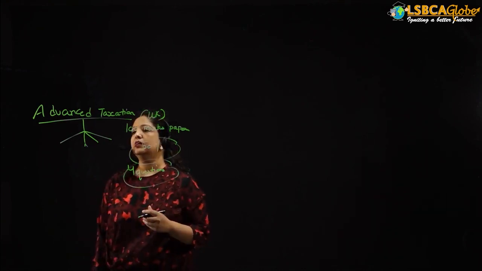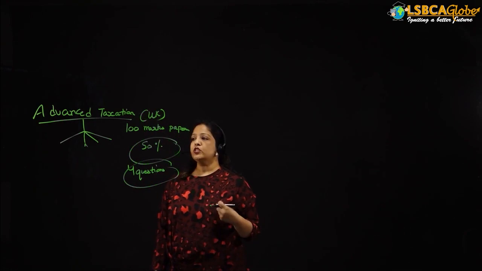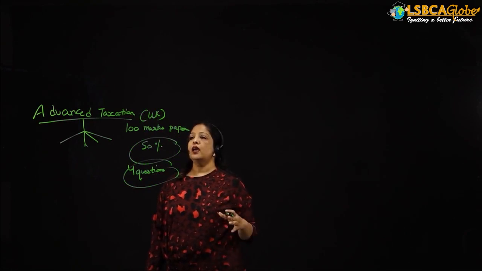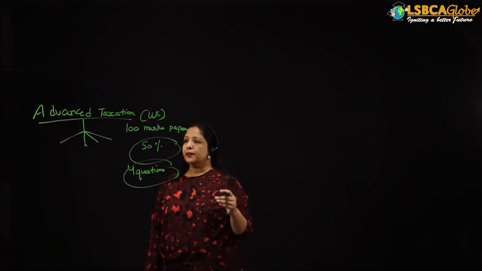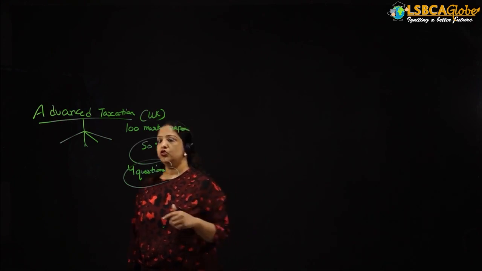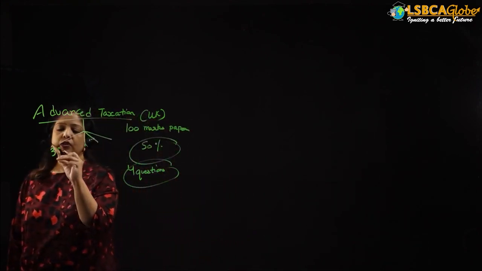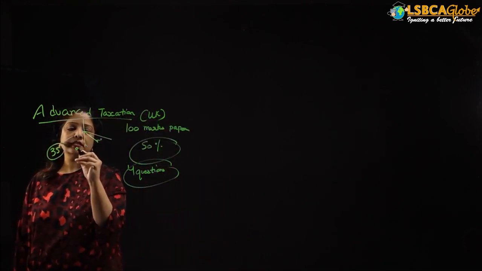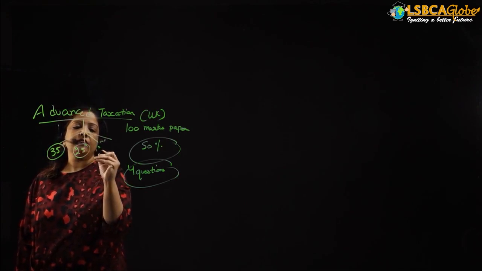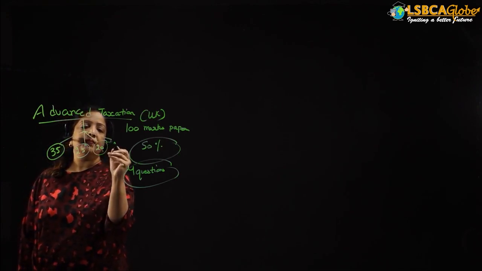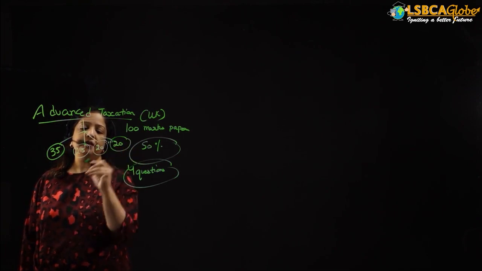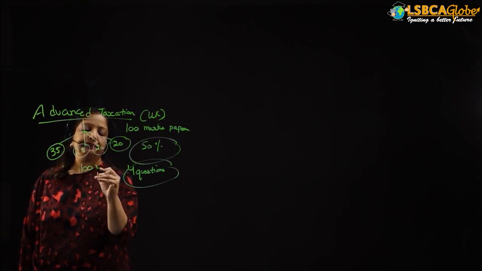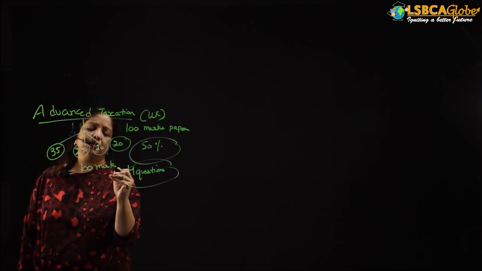Initially, class, 2-3 years back, the choice used to come, but now they have closed the choice. It is compulsory to attempt all the questions. The questions are going to be 35 marks, 25 marks, 20 marks, and 20 marks, equal to 100 marks.